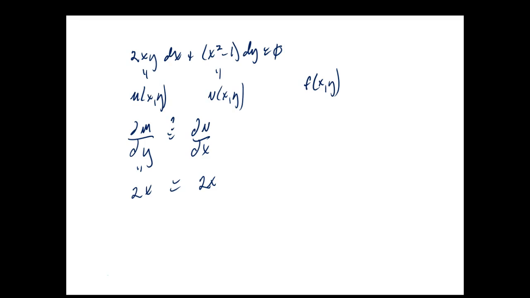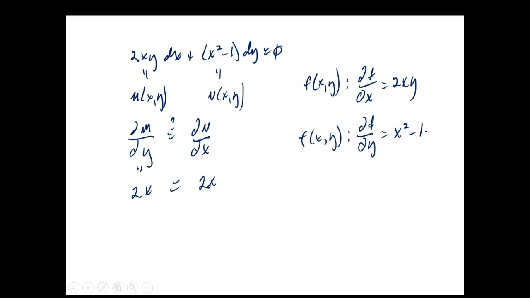You know there is, such that the partial of f with respect to x is 2xy, and the same f of xy, such that the partial of f with respect to y is x squared minus 1, okay? That has to be the case, okay?